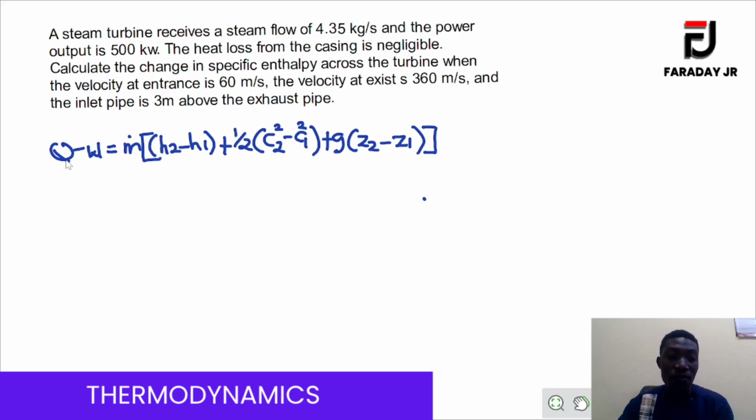With this we have the heat, the work, and the mass flow rate multiplied by the enthalpy.